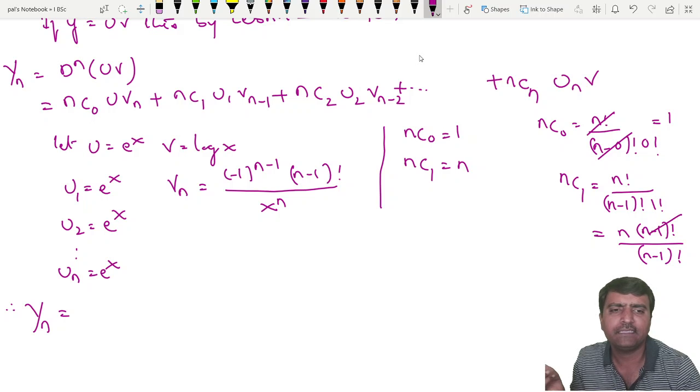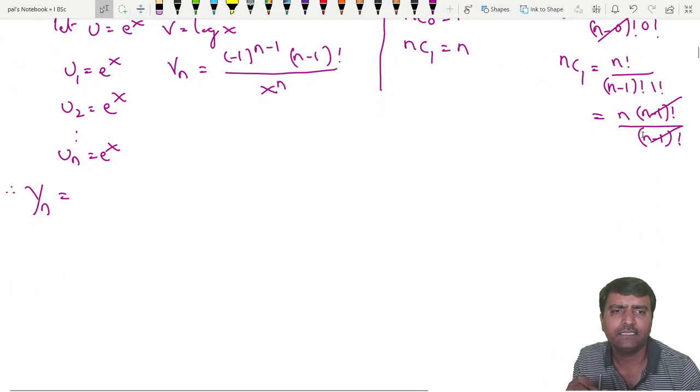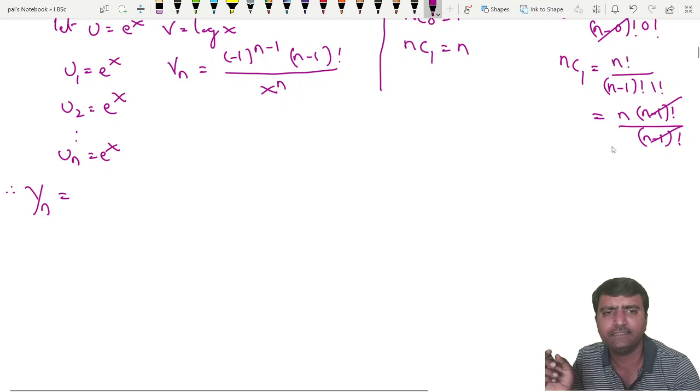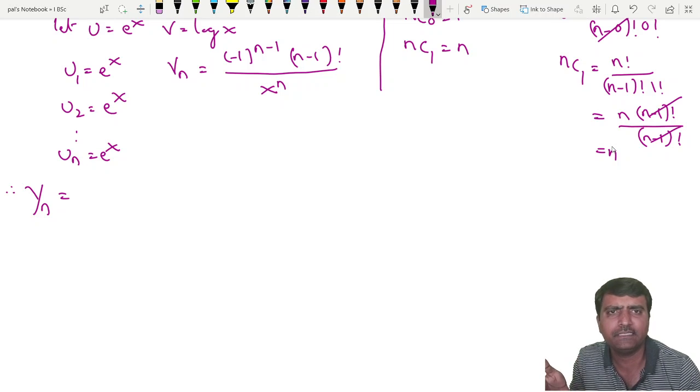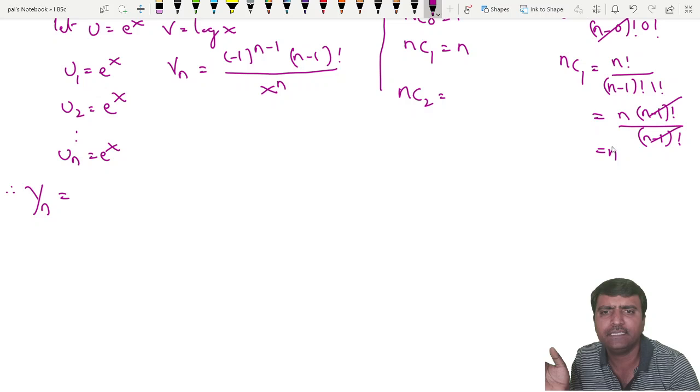You can cancel this n minus 1 factorial with n minus 1 factorial, right? So then what is remaining? nc1 is equal to n. nc1 is equal to n. I will not say it again, you should remember it. nc1 means n, nc0 is 1. Like that, nc2 is n into n minus 1 by 2.